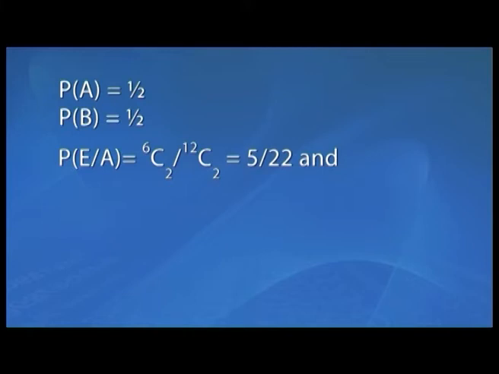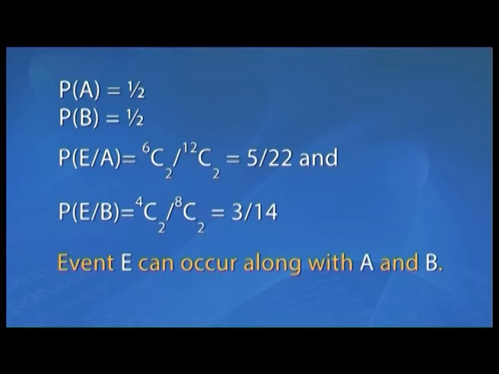After selecting the box, 2 balls are drawn from the selected urn. Hence, probability of E given A is equal to 6C2 divided by 12C2, which is equal to 5 by 22. And probability of E given B is equal to 4C2 divided by 8C2, which is equal to 3 by 14.